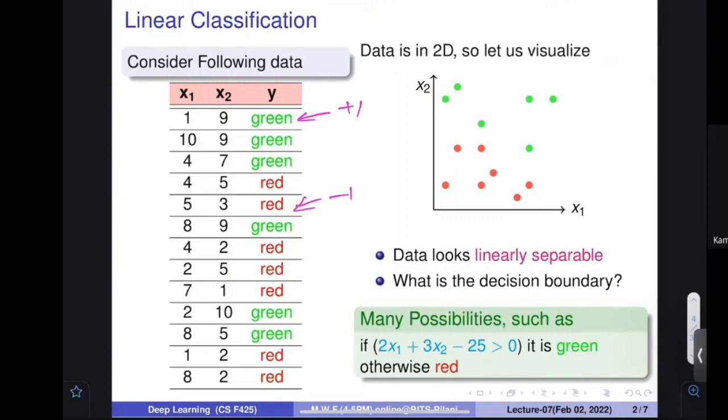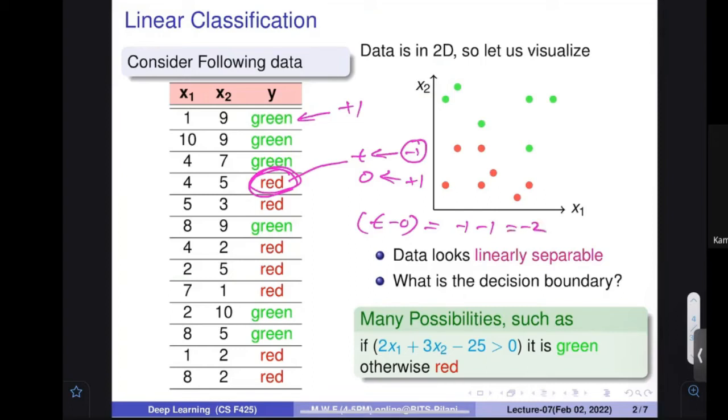Where was I wrong? I was wrong in this particular case. What was my target? What I wanted. Target was -1. What is the output of my model? A few minutes back we have seen that my model was giving positive, meaning +1. So I want the value for target minus output. Target minus output is equal to -1 minus 1, which is -2.